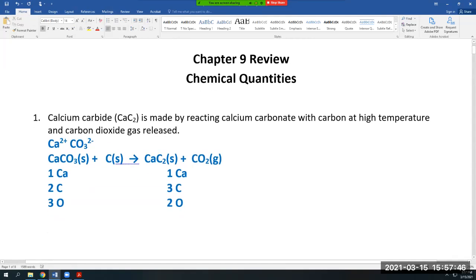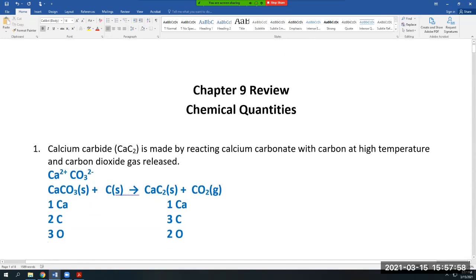And finally, well, that's it. There are no other types of atoms, right? Just calcium, carbon, and oxygen. So we can see that the calcium is balanced, so we don't need to change those. The carbon appears in many compounds here.